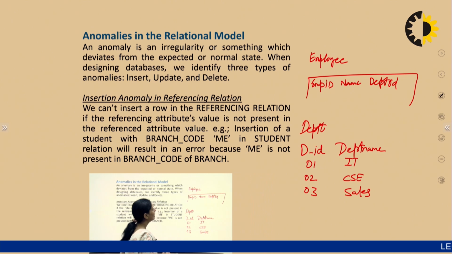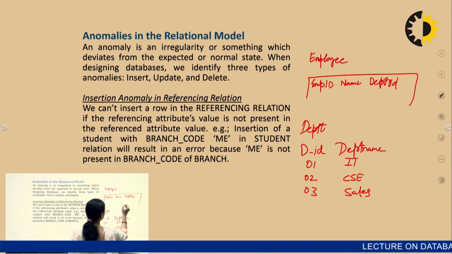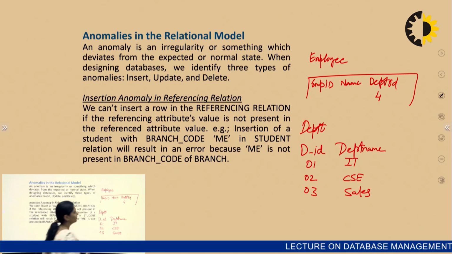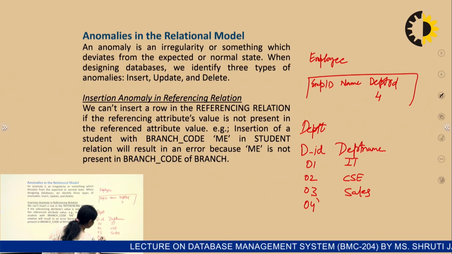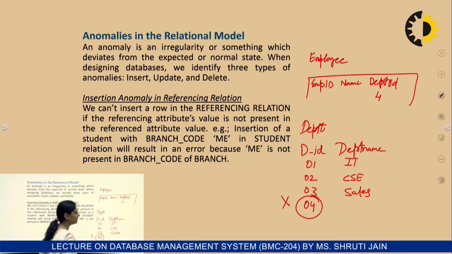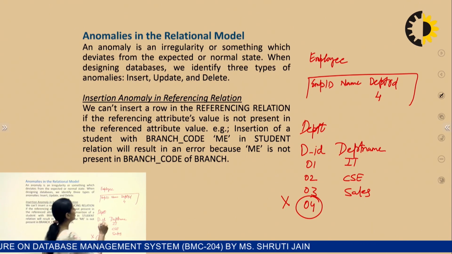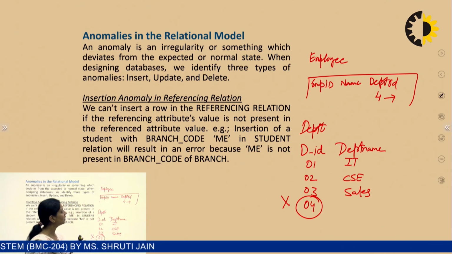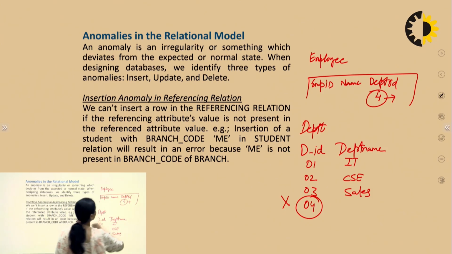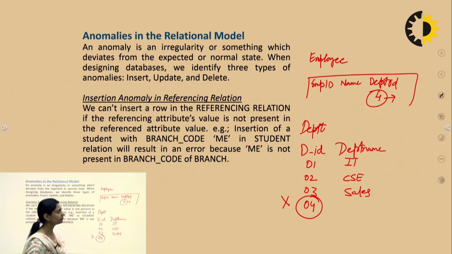Now, if I want to add one department ID 4 here, where the reference of department 4 is not available in the department table, I will not be allowed to enter any record for this employee with department ID 4, because we do not have any reference of it existing in the department table. So that is the insertion anomaly.